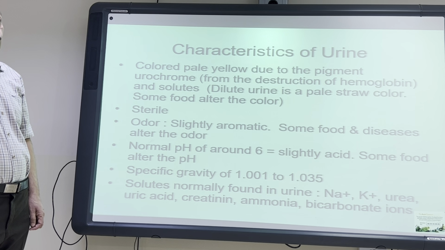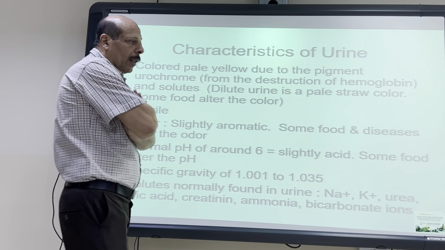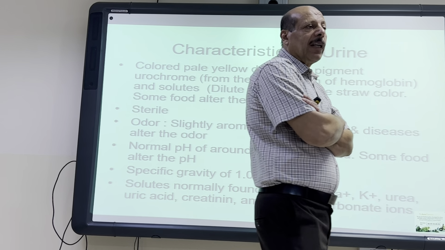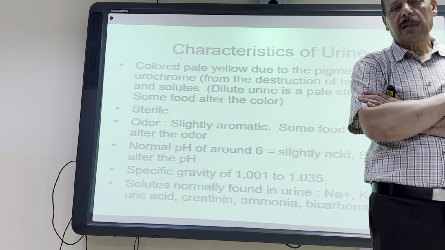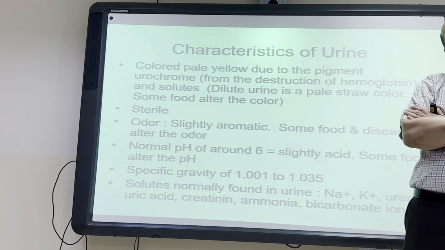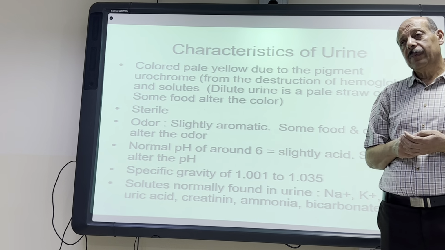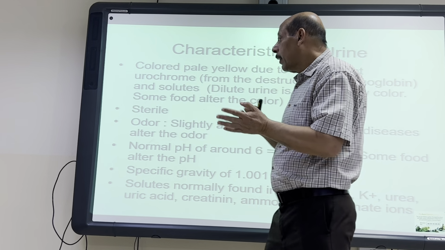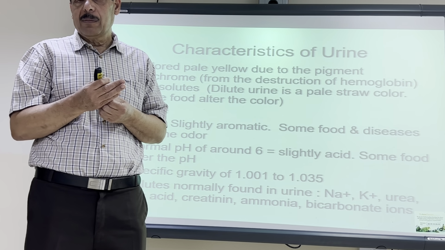Now we will come to the characteristics of urine. The color of urine usually is yellowish. This is the normal color of normal urine. But the color might be changed according to dilution.